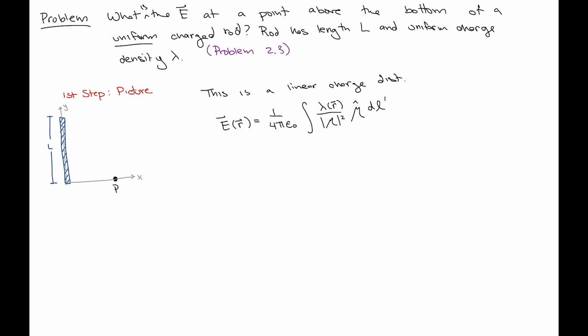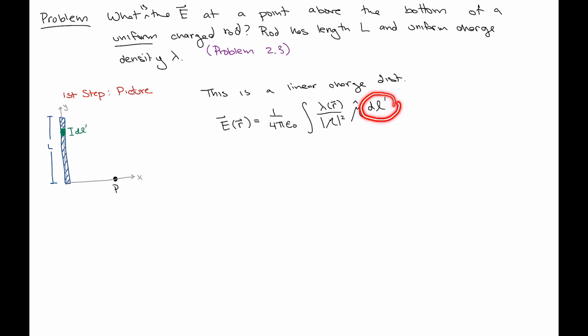Just like we did when we derived that integral, come up with just a little portion of your object, your little infinitesimal length, which you are going to calculate the electric field from and then integrate over the rod. So I've got my dl here.